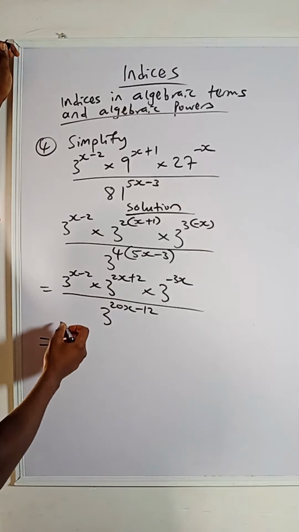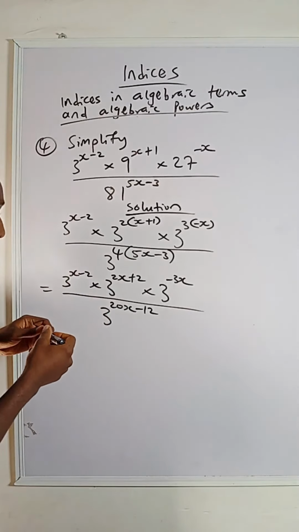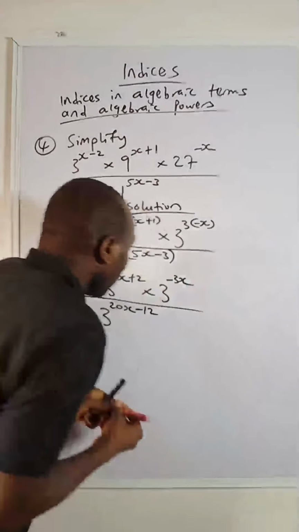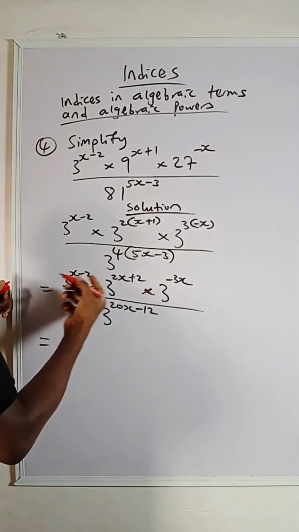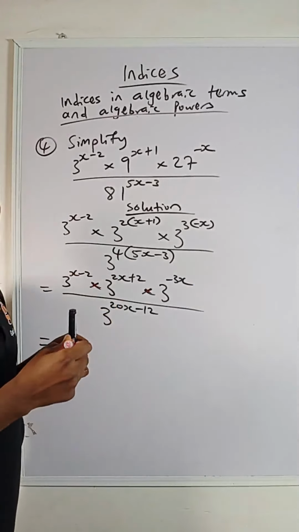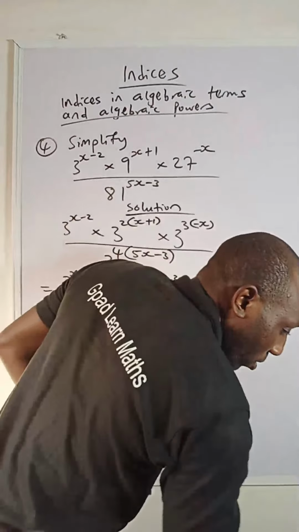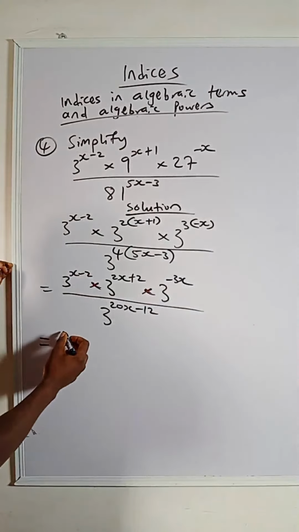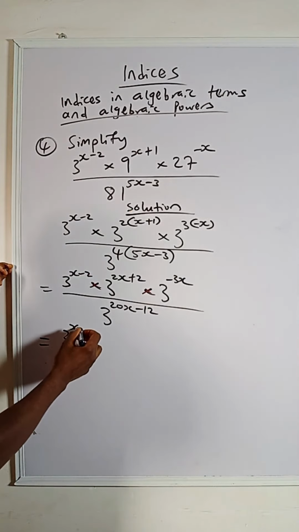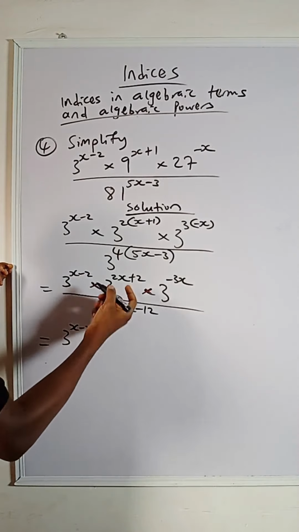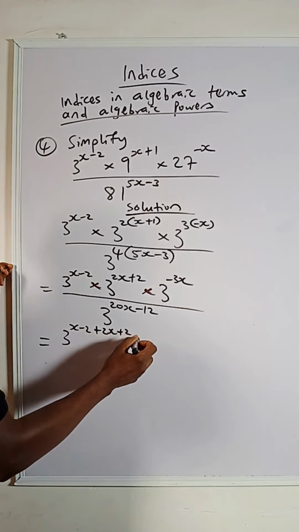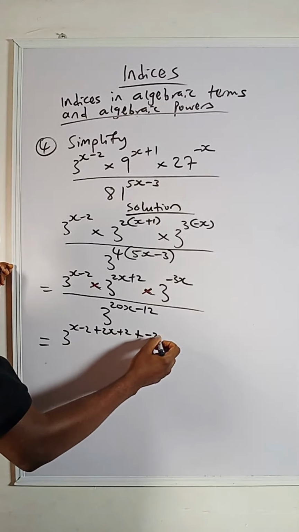So this is equal to what? You know we are dividing here. Or before that, see. Here we have times, I'm going to add their exponent. One of the laws of indices. Some of you are already familiar with this. So that's 3 raised to the power of x minus 2 plus 2x plus 2 plus negative 3x.